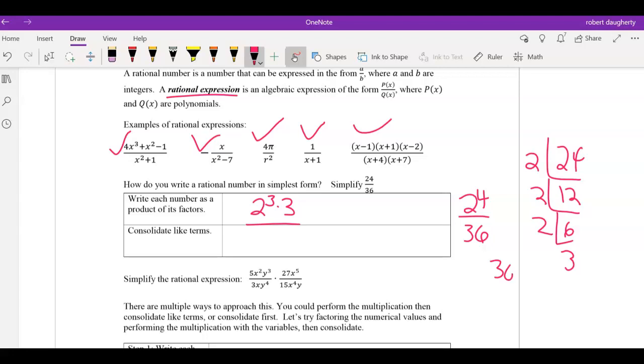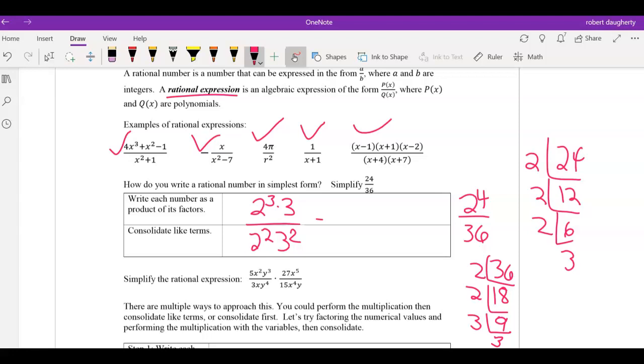And then what is 36? So 36 divided by 2, and you get 18. Divide that by 2, and you get 9. Divide that by 3, and you get 3. So this is 2 squared times 3 squared. So this is 24 over 36.